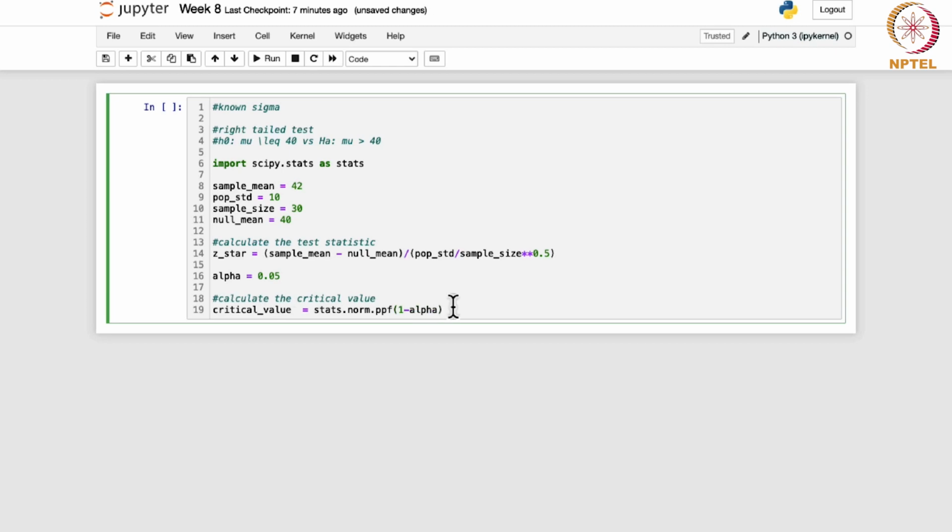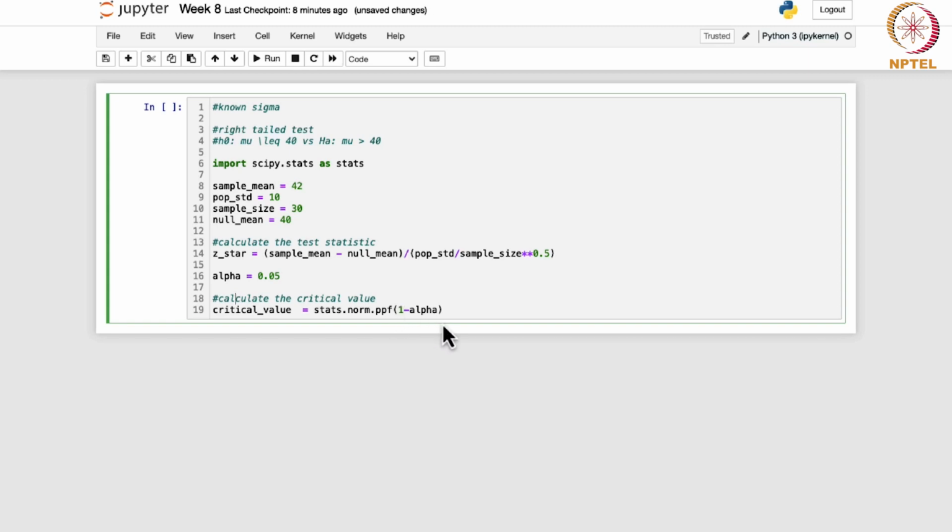You can note over here that I have written stats.norm.ppf, and in the bracket I have written 1 minus alpha. If you remember in the lecture, I said that you are going to reject the null hypothesis if z star is greater than z alpha. So it means that the z score is calculated at alpha value, right? However, I have written 1 minus alpha here.